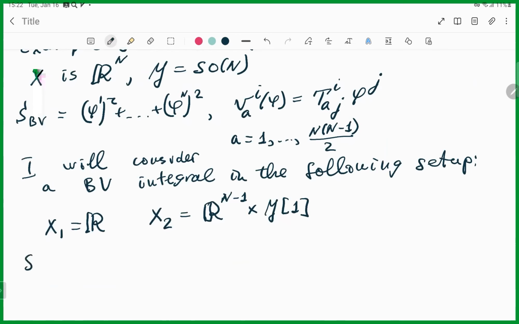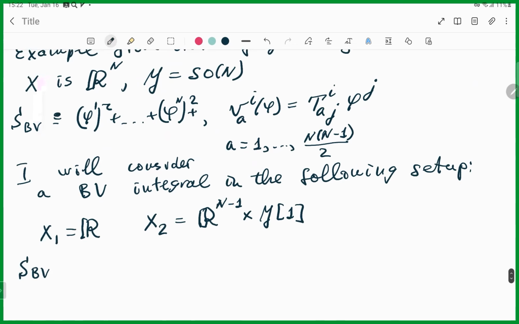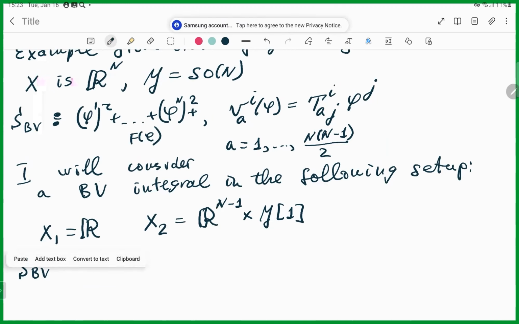So I can construct S_BV in the standard way.